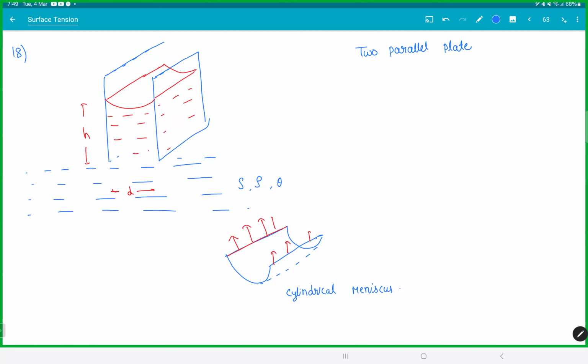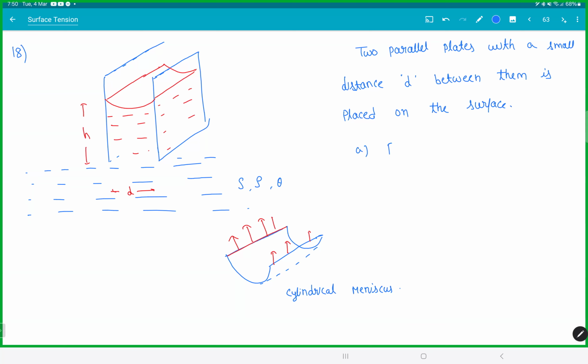Two parallel plates with a small distance between them, placed on the surface.